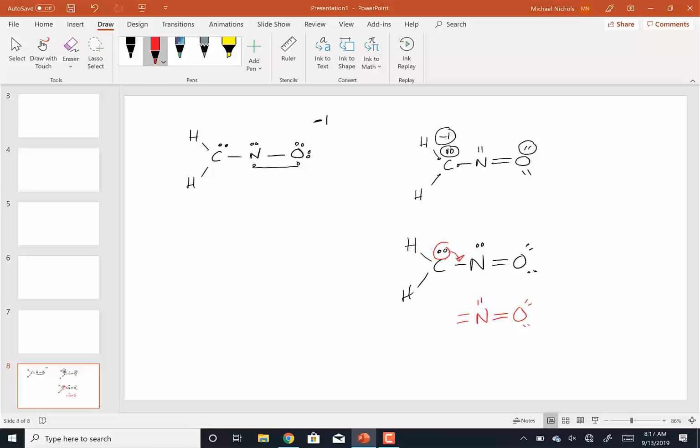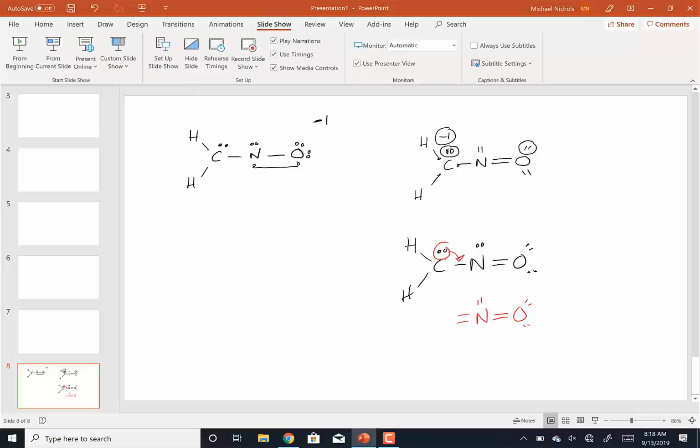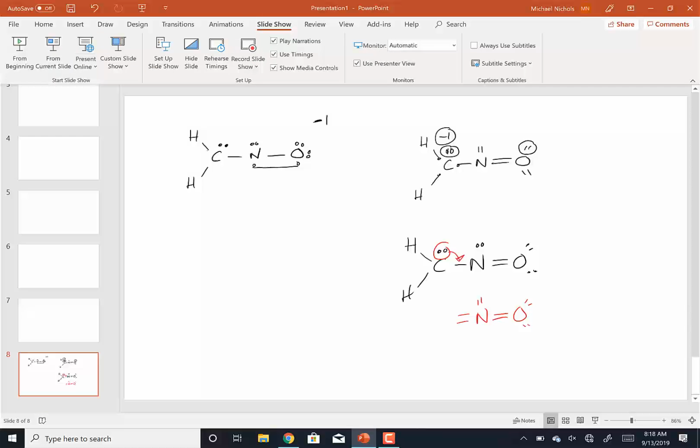And so what happens to nitrogen? It has too many electrons because it can't form an expanded octet. So if I'm going to make that move of moving this pair of electrons, I'm going to do this. I hate this. This mode on my computer completely screws everything up.